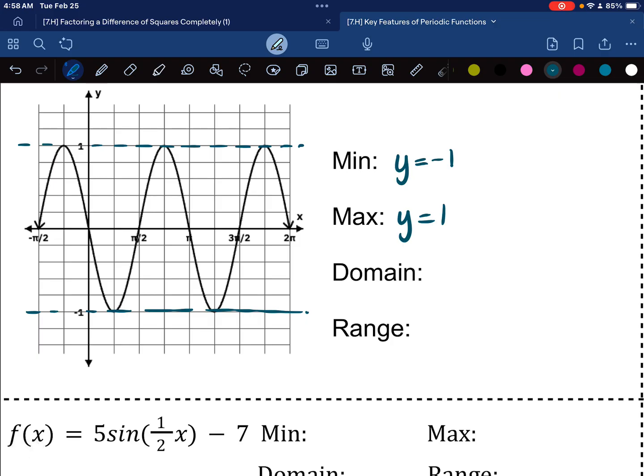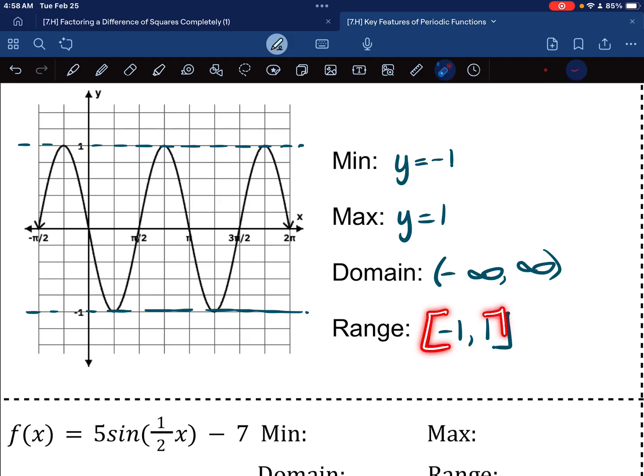This graph is going to keep going forever and ever, to the left and to the right. So our domain goes from -infinity to infinity. And our range, unless we have a vertical stretch, always goes from -1 to 1. And remember, if you're using whole numbers here, you're usually inclusive, in this case specifically, so you have to use your little square brackets on those.